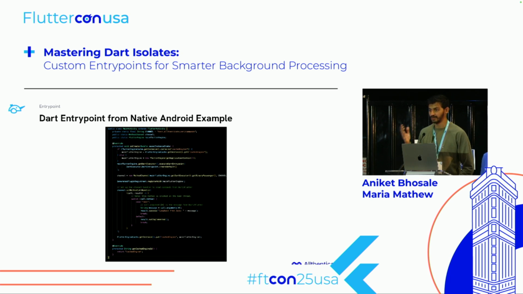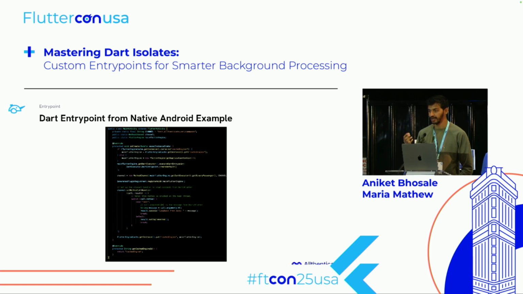But if you recall the iOS example, we're going to do essentially the same things. We're going to set up a listener, create the engine, and register the plugins. How this differs from the iOS implementation is that in iOS, we just attach the engine to the window or the Flutter view controller.